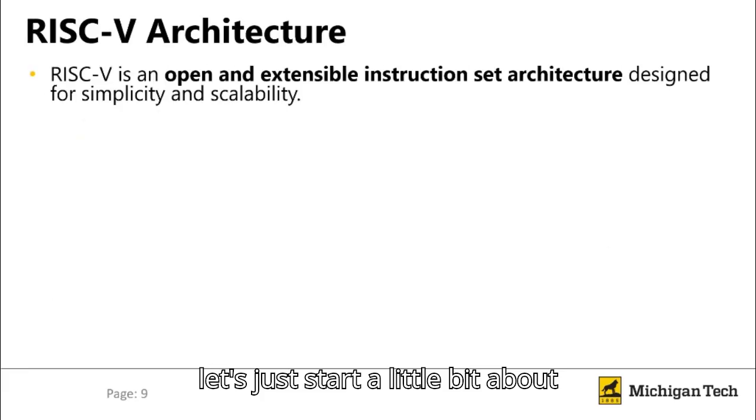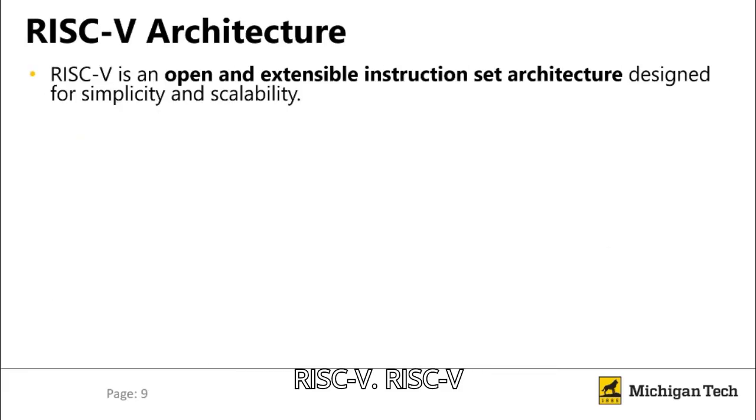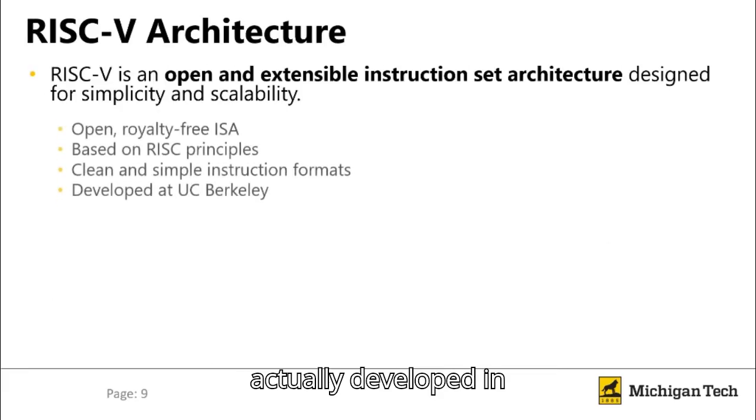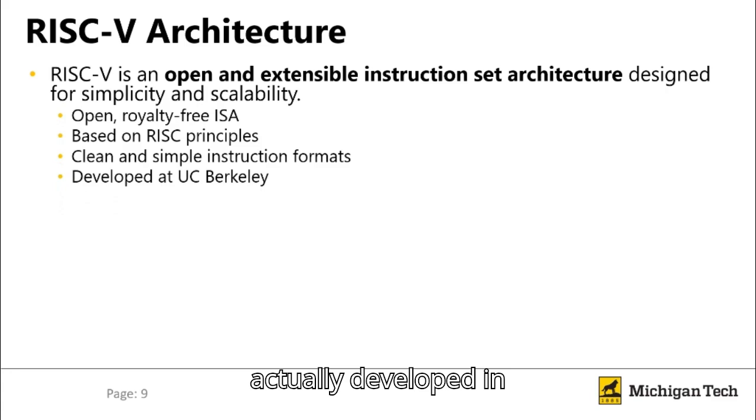Okay, let's just start a little bit about RISC-V. RISC-V was actually developed in Berkeley, and it is open source, kind of. When it's open, it means it doesn't have a license, and everything about it is available.